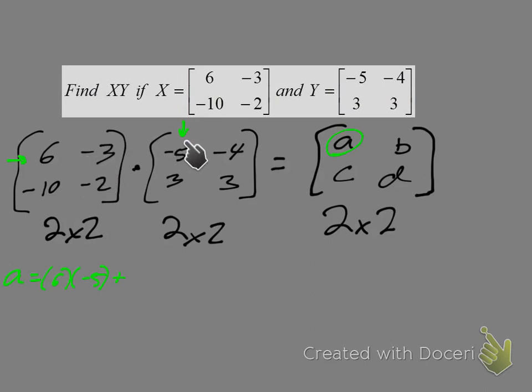What's the next element in the column? 3. Multiply them. You multiply the first in this row by the first in this column, added with the second in this row and the second in this column. So that's how you make your first one.